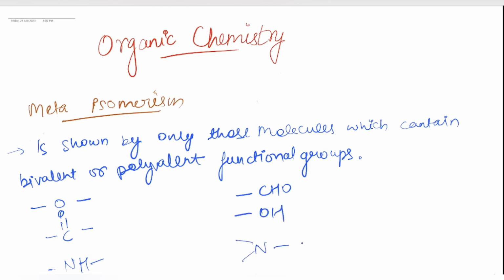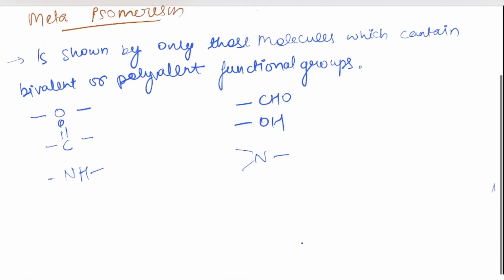So these are a few examples which show meta-isomerism. I will show you how they show meta-isomerism, what exactly meta-isomerism is. Bivalent functional groups are those which have valency 2, and polyvalent are those which have more than 2 valency. So what is meta-isomerism, and how do compounds show meta-isomerism?